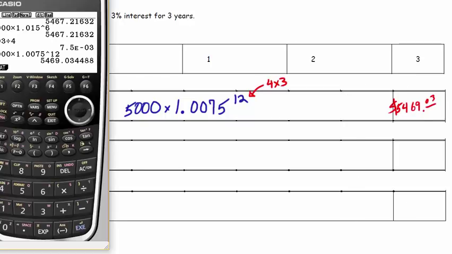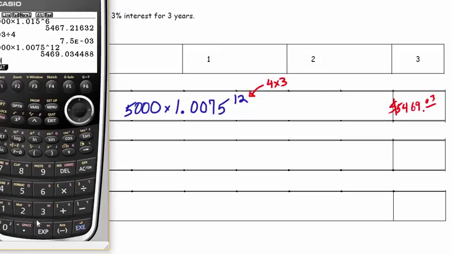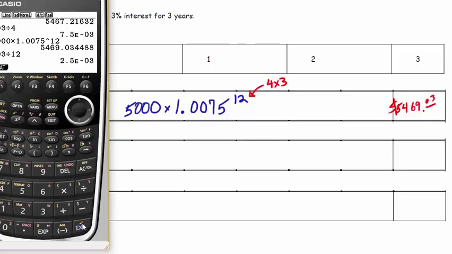Alright, so if we wanted to go monthly then, alright, so I have my 3% for the year, but I'm going to divide that by 12 because I'm paid 12 times a year. We get 0.0025, so a quarter of a percent.